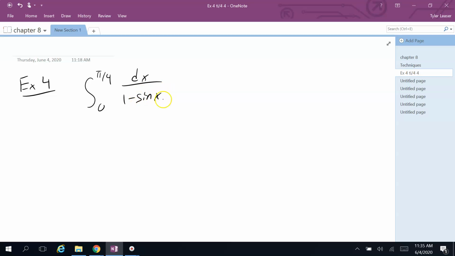Usually if you just have cosine or sine, we can't really do much. It's only when you have cosine squared or sine squared that we can do something. But we can force this to be cosine squared or sine squared by doing something called multiplying by the conjugate.